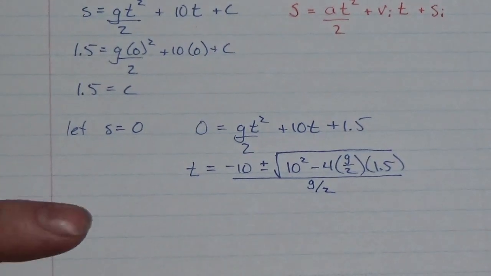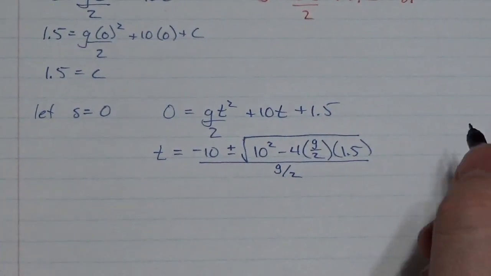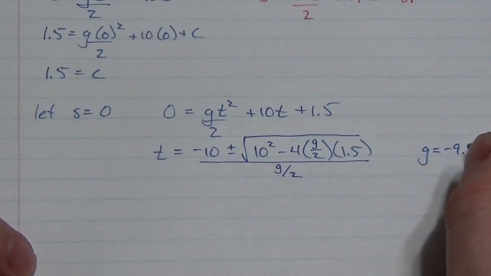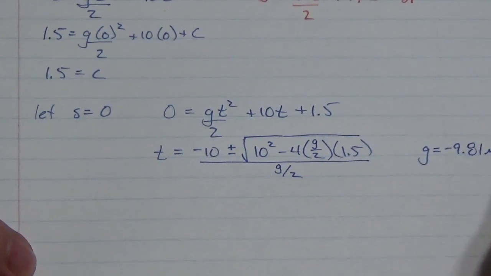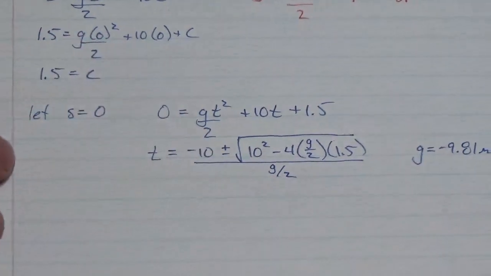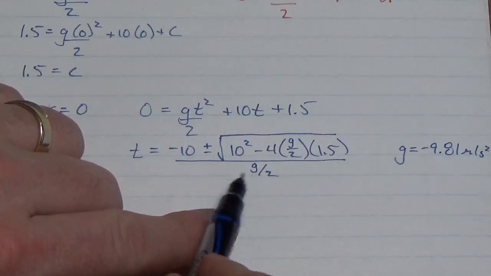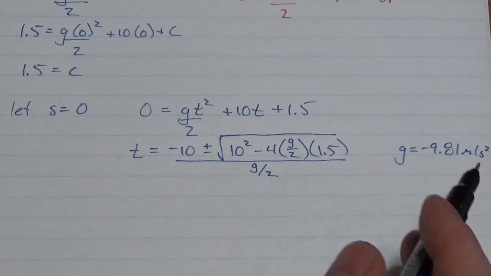Now, bear in mind, in this particular context here, that g is going to equal negative 9.81 meters per second squared. Negative, whoops, sorry, you can't see that. Negative 9.81. So when I plug that in for g here and g here, it's this number that I'm using.